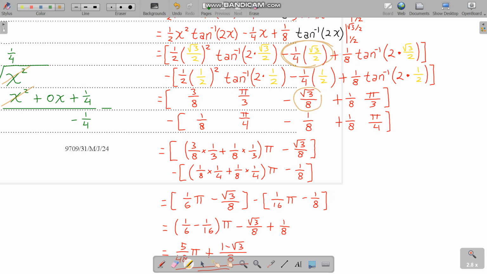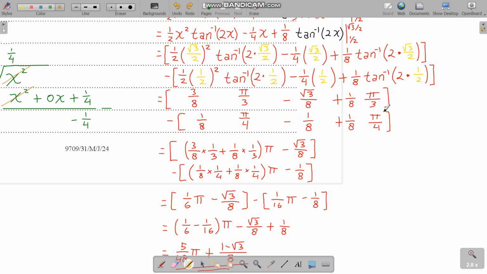You get root 3 over 8, and from this part in the calculator you get pi over 3, and from this part you get 1 over 8, and from here pi over 4, from here 1 over 8, and from here pi over 4.